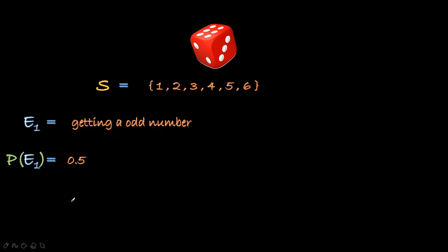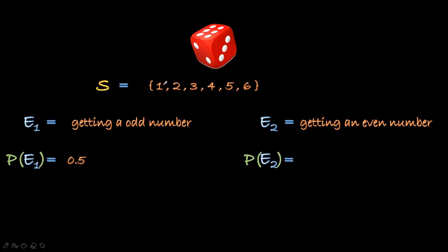Okay, now I have another set, event E2, which is getting an even number. So what is the probability of E2? In the same way, you can find probability of E2, which is even numbers are 2, 4, 6, 3 elements divided by 6, which is again 1 by 2, which is 0.5.